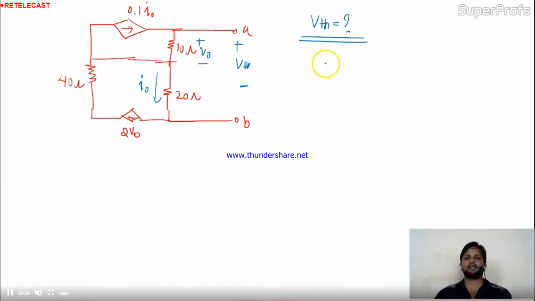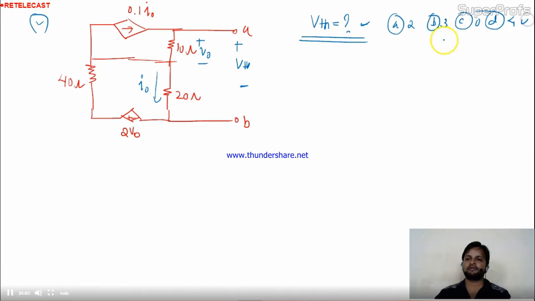But before going to calculate VTH, think for a moment. In the GATE examination, suppose the same question is given to you. They are asking to find out the VTH, the Thevenin equivalent voltage for this circuit, and they have given 4 options: 2, 3, 0 and 4 volt.